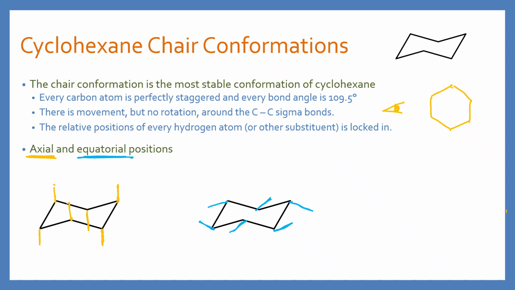Now notice that a chair conformation is just a series of parallel lines. When you actually go to draw a chair on your own for the first time, you'll see that you draw these two parallel lines, and then you connect them, and then you connect those. And that's 3 series of parallel lines that you're just drawing.